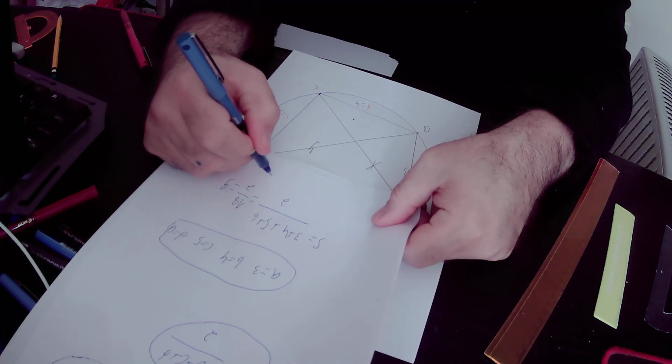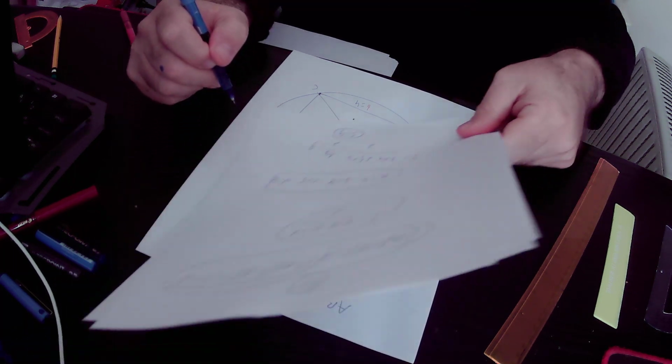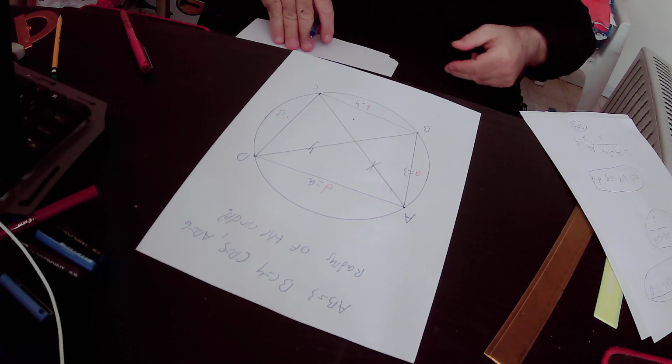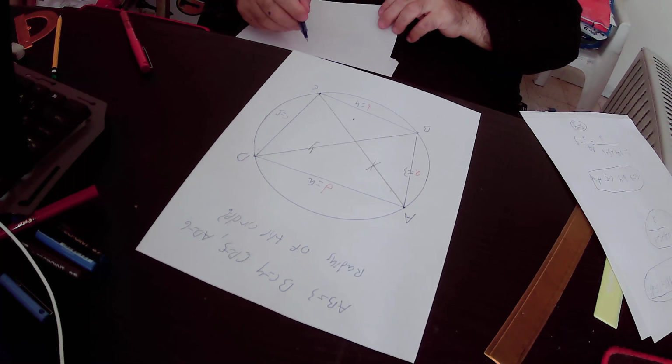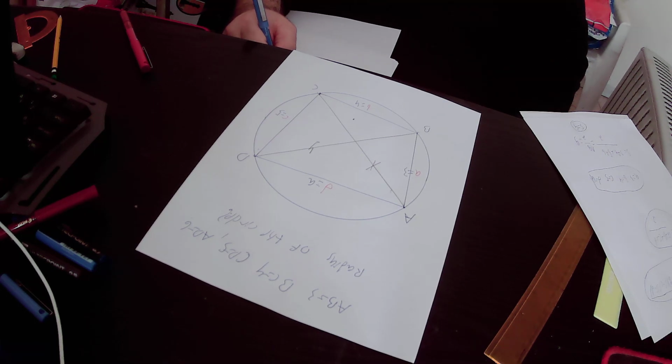So we found out that S equals 9 units. So now we can calculate the area of quadrilateral ABCD.